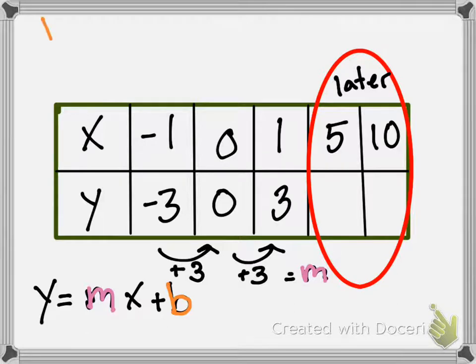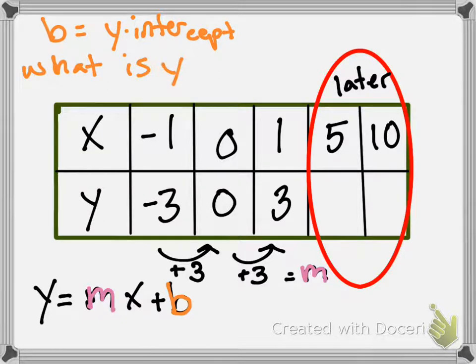So B is our y-intercept. And essentially, the question's asking is, what is y when x equals 0? What is y when x equals 0?